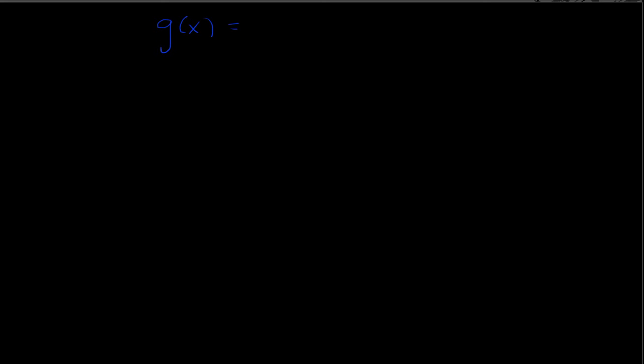Let's let g of x equal x minus 1 squared times x minus 3 squared. So I want to find the critical points for this. This one, the derivative is going to be a little complicated because we're going to have to do the product rule and the chain rule. So taking the derivative of x minus 1 squared, that's going to be 2 times x minus 1.